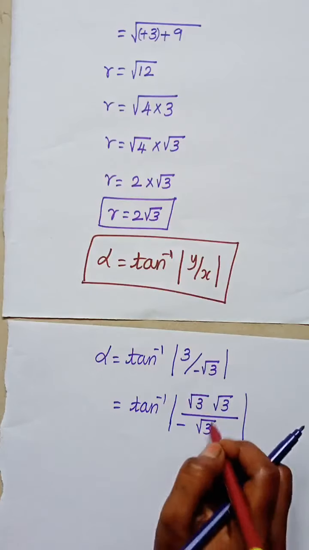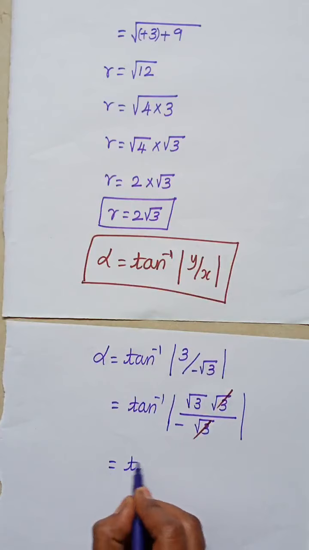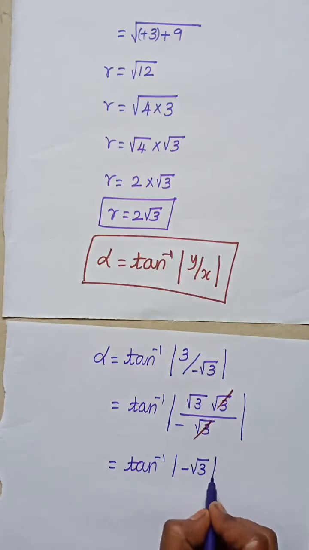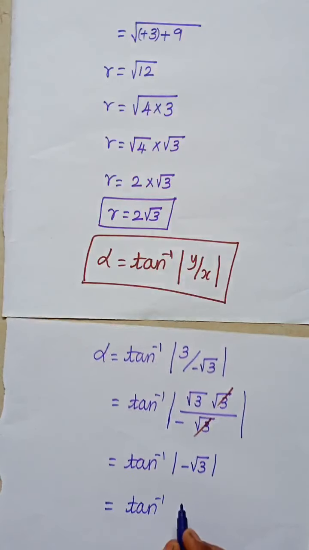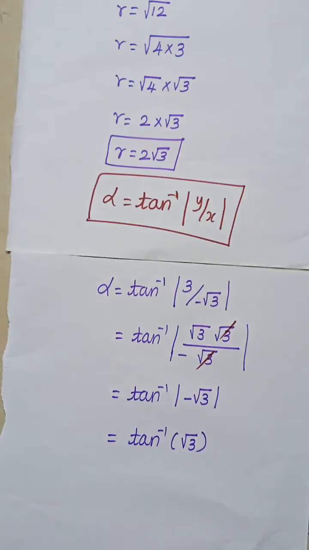Here root 3 gets cancelled, which is equal to tan inverse of modulus of minus root 3, which is plus root 3. So tan inverse root 3.